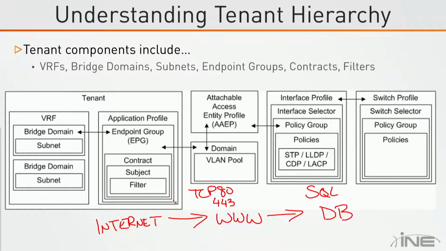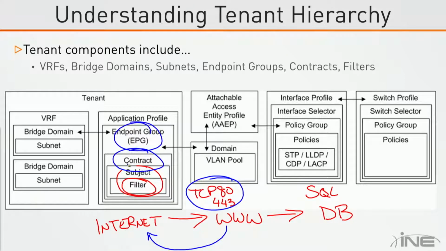Okay, this then means that the filter and the subject of the filter would be the actual port numbers, like TCP 80 and 443. The contract would be the web server saying, I'm going to allow the internet to talk to me at port 80 and 443.